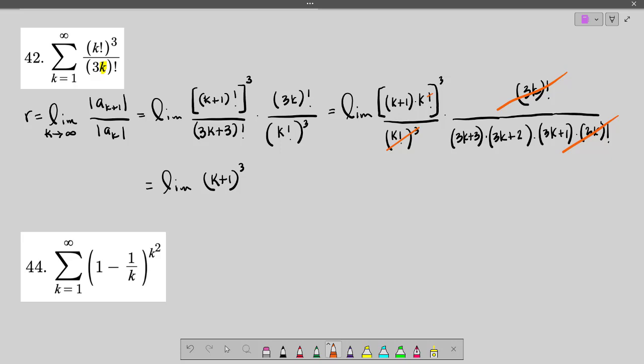Doesn't that cancel with this k factorial that also has a quantity cubed up there? So we just have a k plus 1 cubed in the numerator. I can make that more of a fraction, I guess. In the denominator, we have 3 factors remaining. 3k plus 3 multiplied by 3k plus 2 multiplied by 3k plus 1.